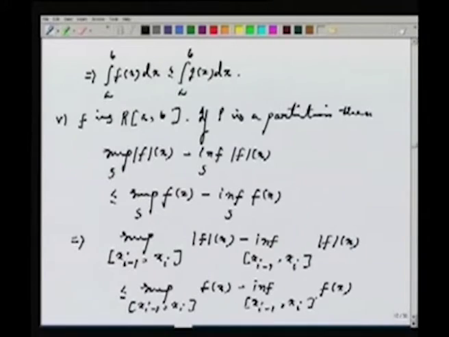What does this actually show? It shows that if I concentrate on mod f, then the corresponding capital M_i minus little m_i is less than the corresponding quantity of f, right?